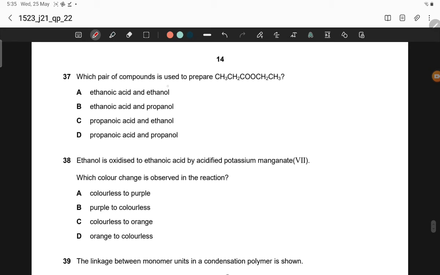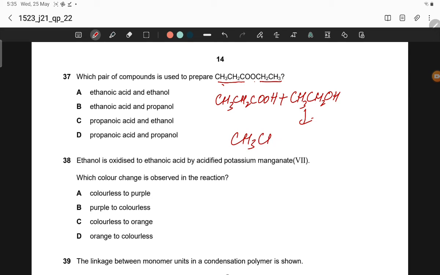Which pair of compounds is used to prepare ethyl propanoate? This is CH3CH2COOH, when reacted with CH3CH2OH to form CH3CH2COOCH2CH3.